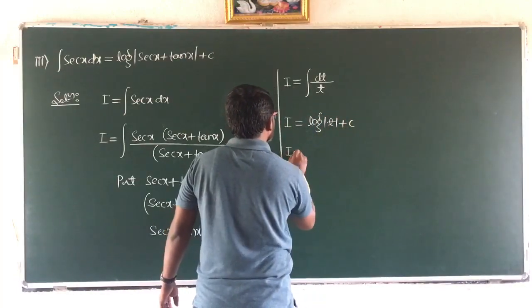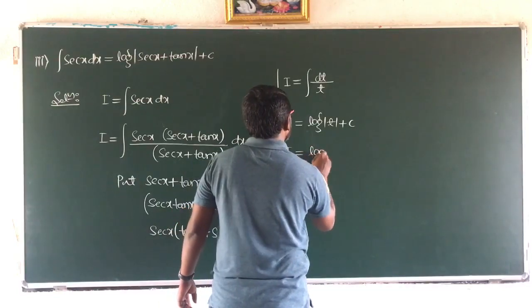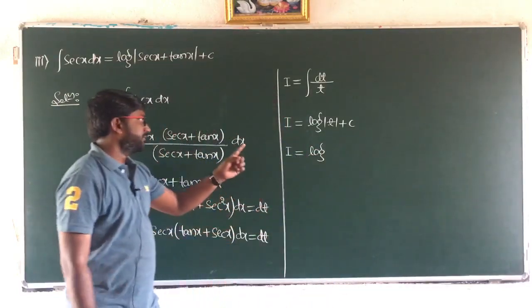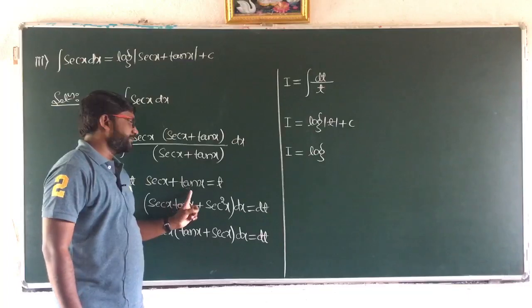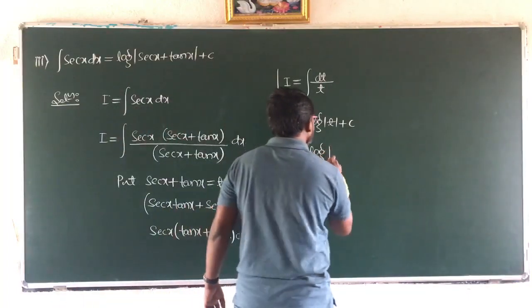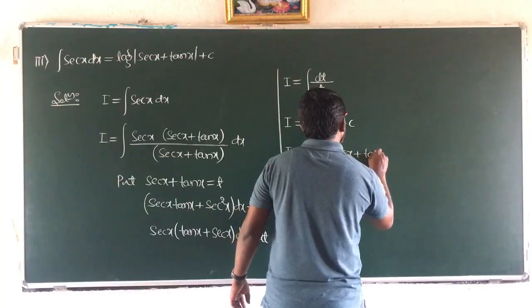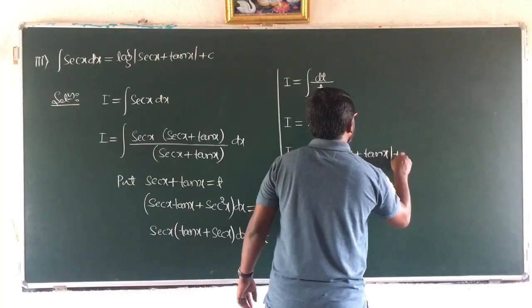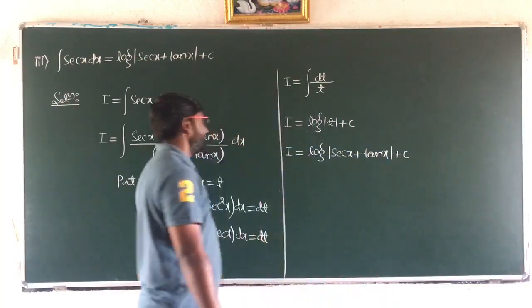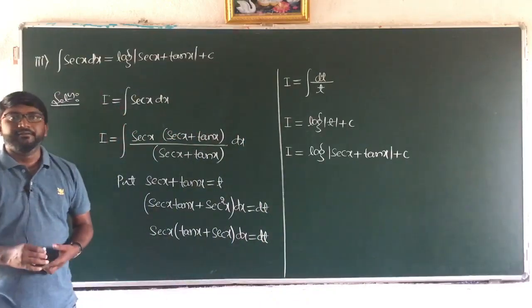So I is equal to log mod t, where t is secant x plus tan x, so log mod secant x plus tan x plus c. So this is all about the third standard integral.